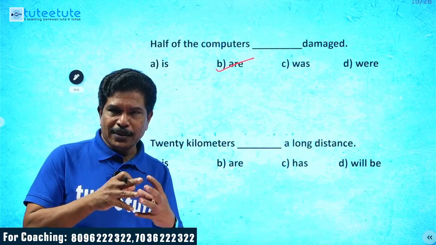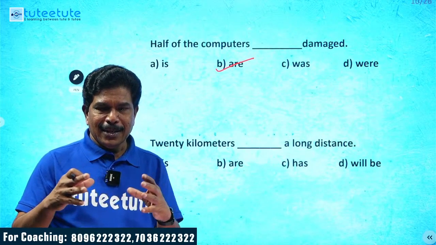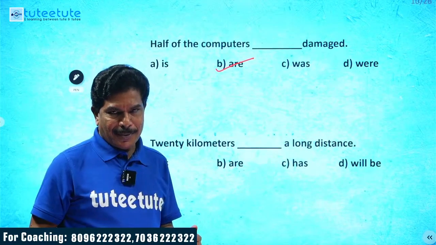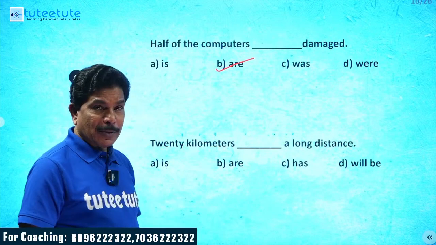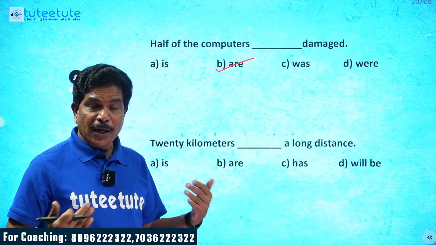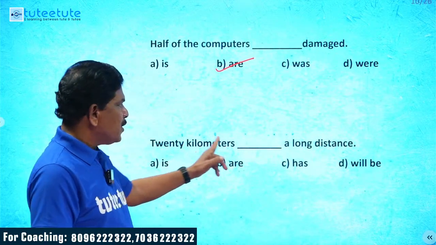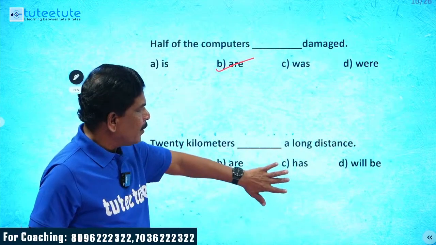For example, a mango has a natural shape, and there are such different objects. So kilometers is just measured. It is a man-made measurement. So this is singular. Though it is 20 kilometers or 20,000 kilometers or 20 billion kilometers, it is singular. So 20 kilometers is a long distance.